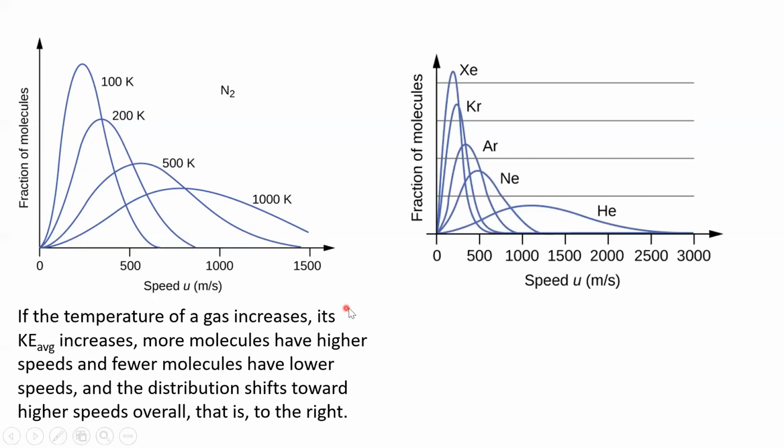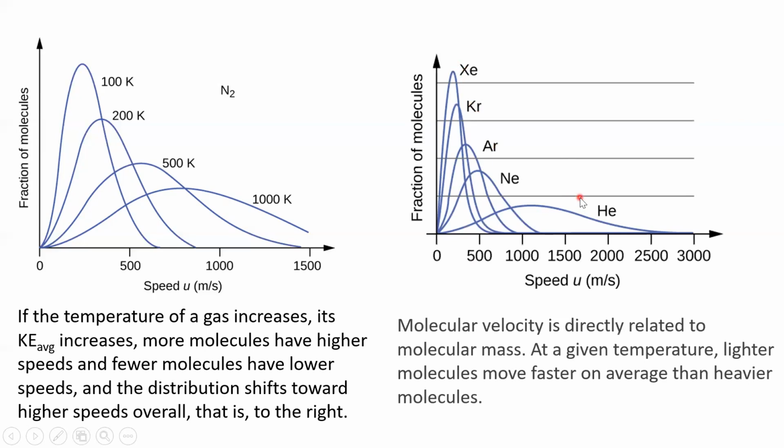And then if we were to look at this graph here, a little bit different. This time, all of the gases are at the same temperature, but we're varying what the gases are. We've got xenon gas here versus helium gas here. The molecular velocity is directly related to the molar mass.